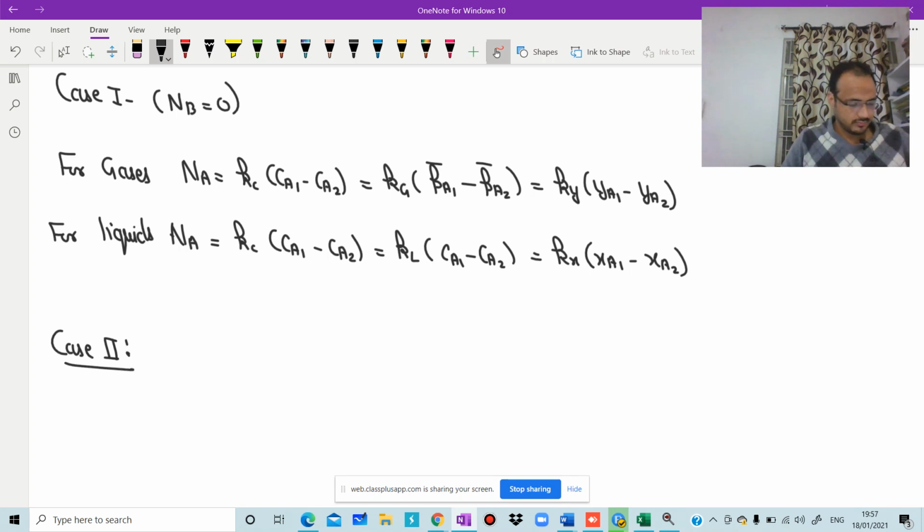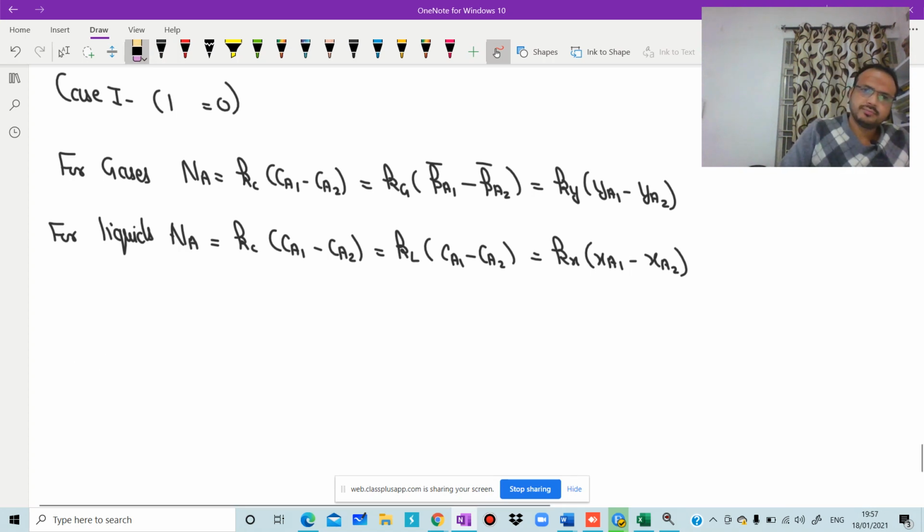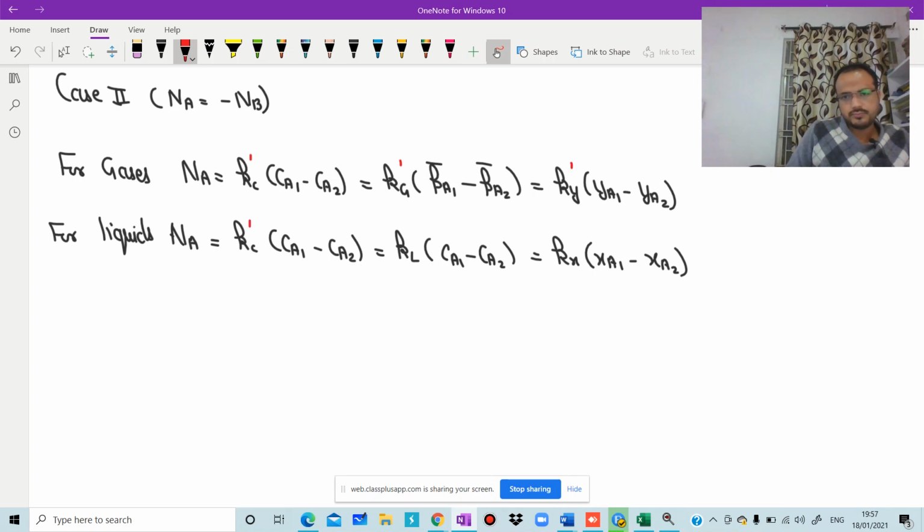Write down first, note down very fast. Now I will define case second: NA is equal to minus NB. The only difference is that, write down. You need to write again.